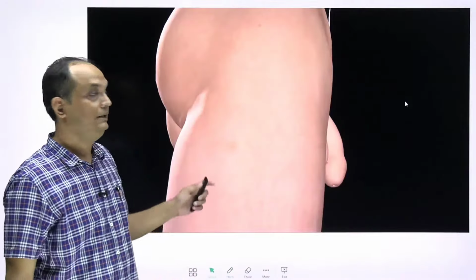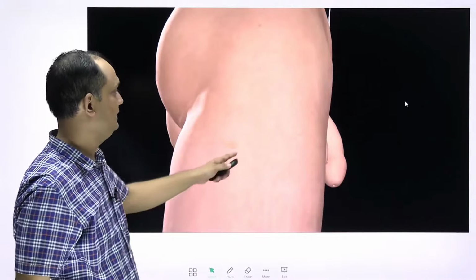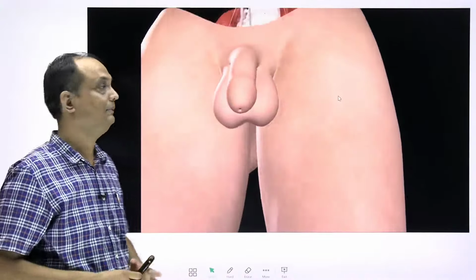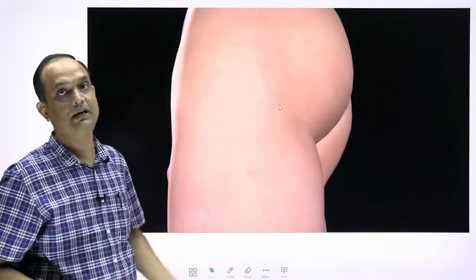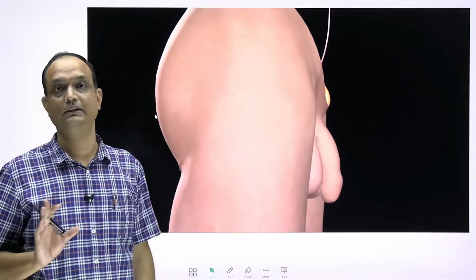Now in this image, this is a very important clip to understand when you are going from outside to inside. Here you can see first, all around, this part of the perineum is covered by the skin, and the perineum lies high between the upper medial aspects of the thigh. So this first outer covering is skin.